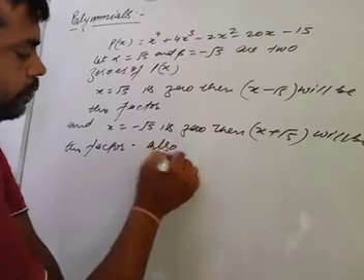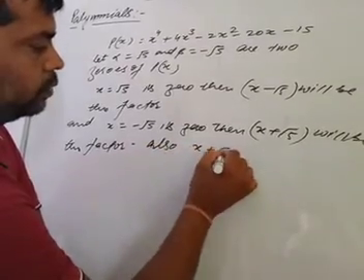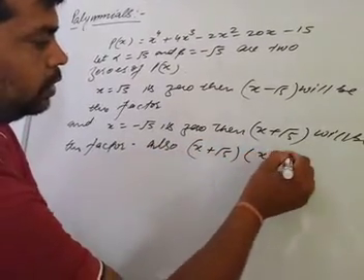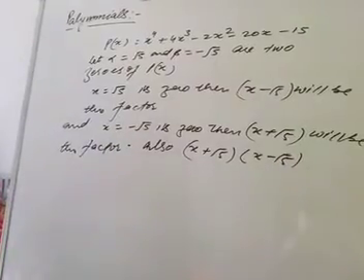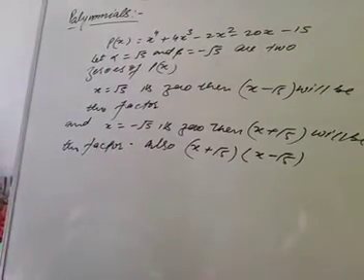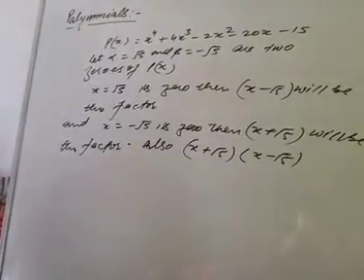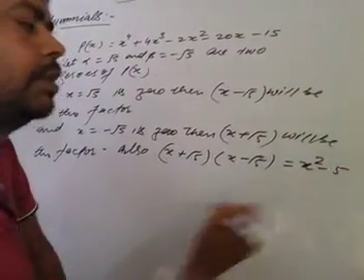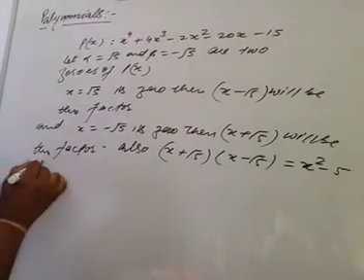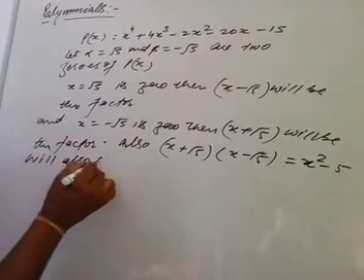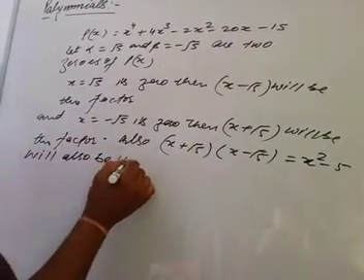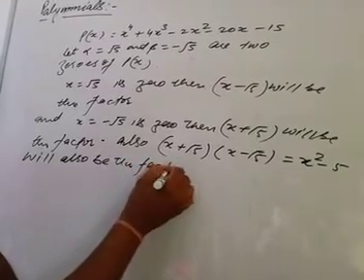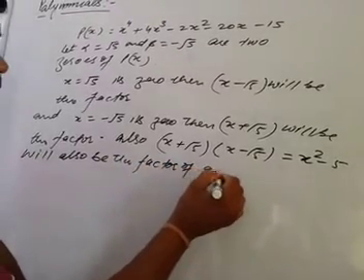Also, x plus root 5 into x minus root 5, because the product of factors is also a factor of the given polynomial. Taking the product, x square minus 5 will also be a factor of the given polynomial.